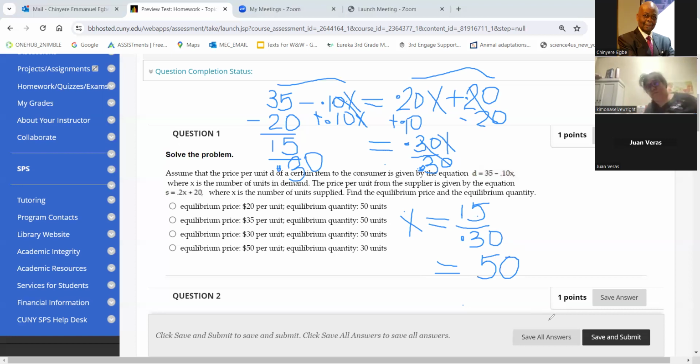And when we did that, what did we get? We got 30. So that means then that equilibrium price is 30 and equilibrium quantity is 50. You get the idea? Okay. So that solves that problem. So it's not clear to you what we did?